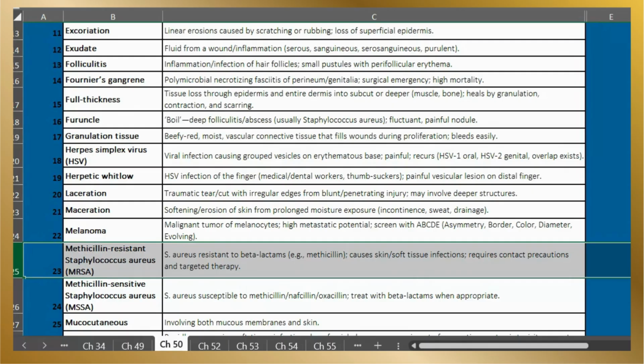Again, contact precaution is very important for the NCLEX, but also for the nurse's safety and the visitors who visit the patient, along with targeted therapy. Just think that MR, methicillin resistant, just means resistant.